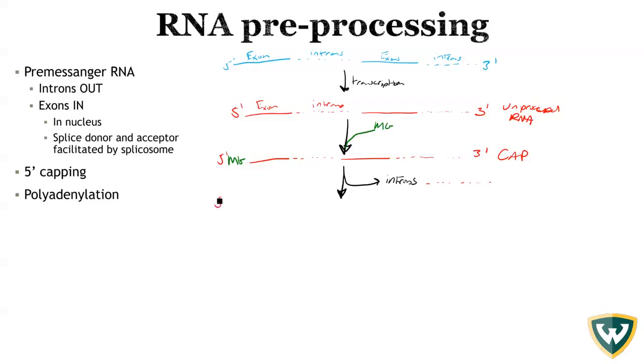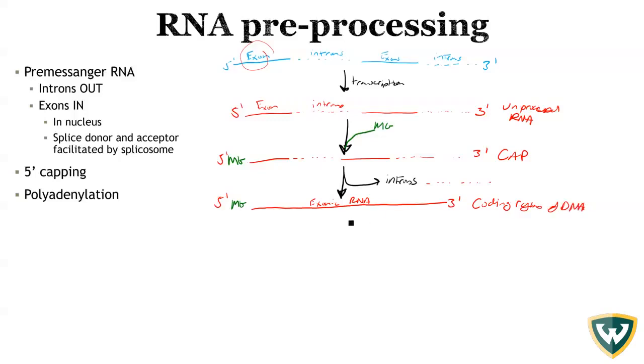So what we end up with is a 5' methylguanine cap, and then a nice solid piece of processed RNA that only contains exonic RNA, which is based on the exons of DNA. And another way we could say this is an mRNA that only contains the coding regions of DNA.